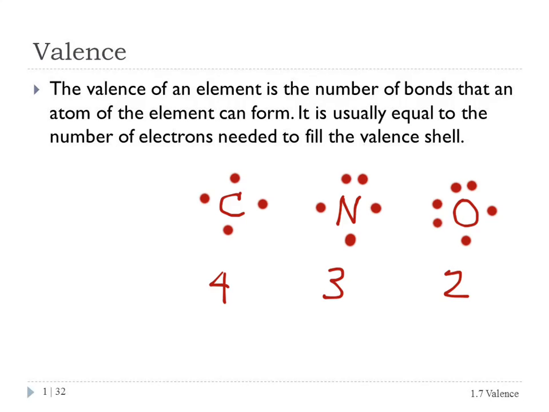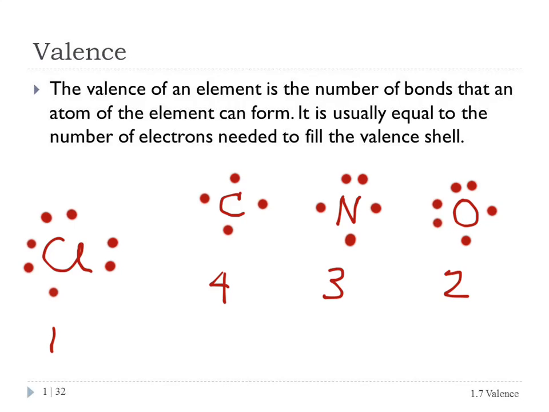in the Lewis structure. If we look at something like chlorine, what's the valence of chlorine? 1. And so these follow group numbers as well. So the noble gases don't make compounds, so we ignore those. And over, the halogens in group 7A all have a valence of 1.